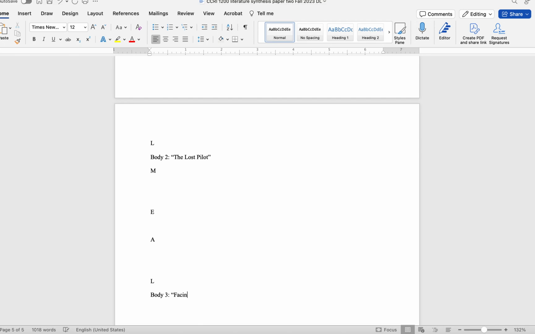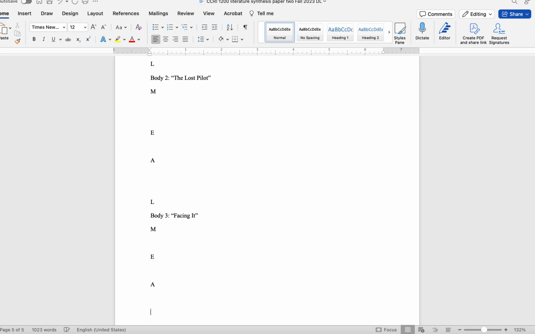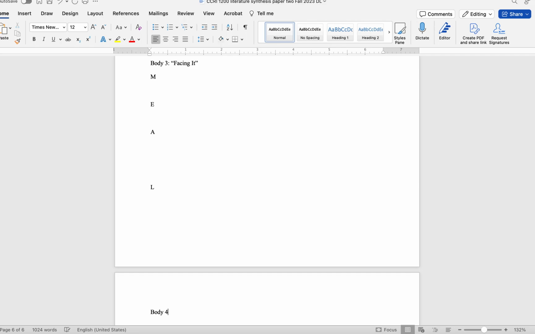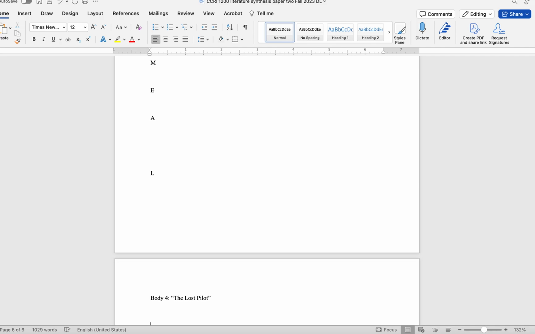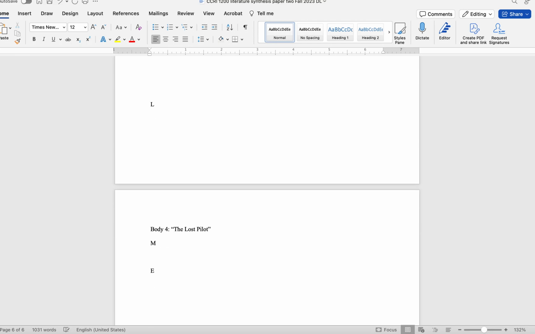And then you might go body 3, Facing It. Same thing, right? Main idea, evidence. Remember, each body paragraph is going to focus on one thing. Body 4, The Lost Pilot. So you see you can alternate the poems here. That's one way to do it. Main idea, evidence.